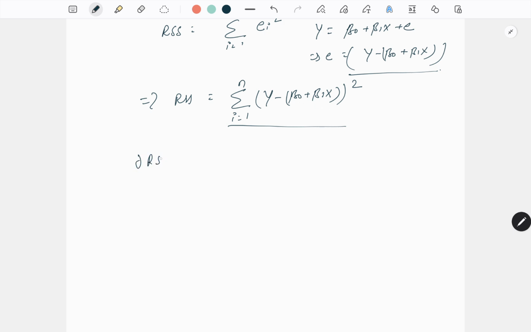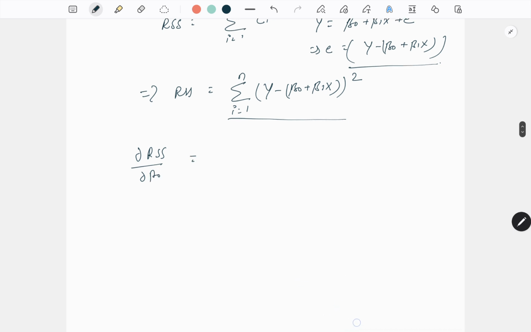So the derivative of RSS with respect to beta naught we can write as 2 times the sum of (y minus (beta naught plus beta 1 x)), and we equate this to 0 in order to minimize.